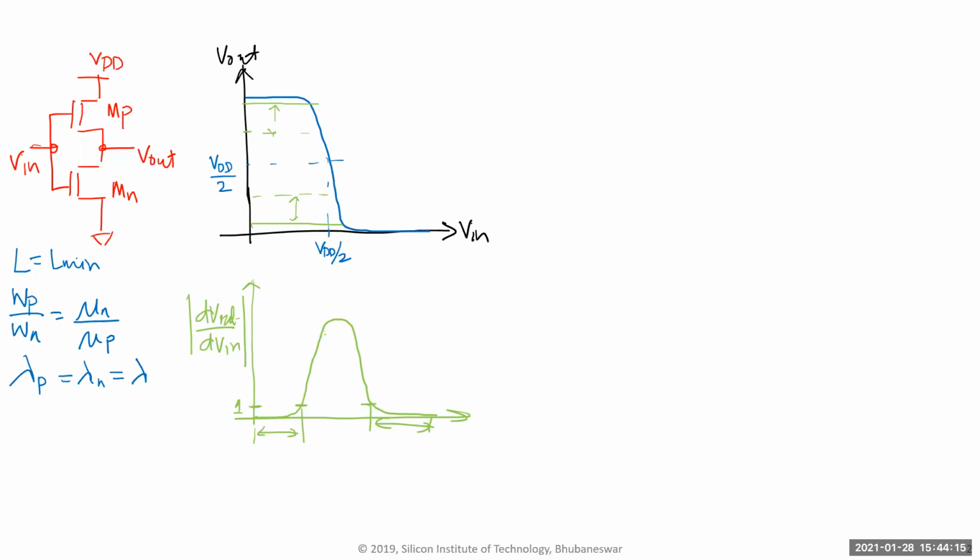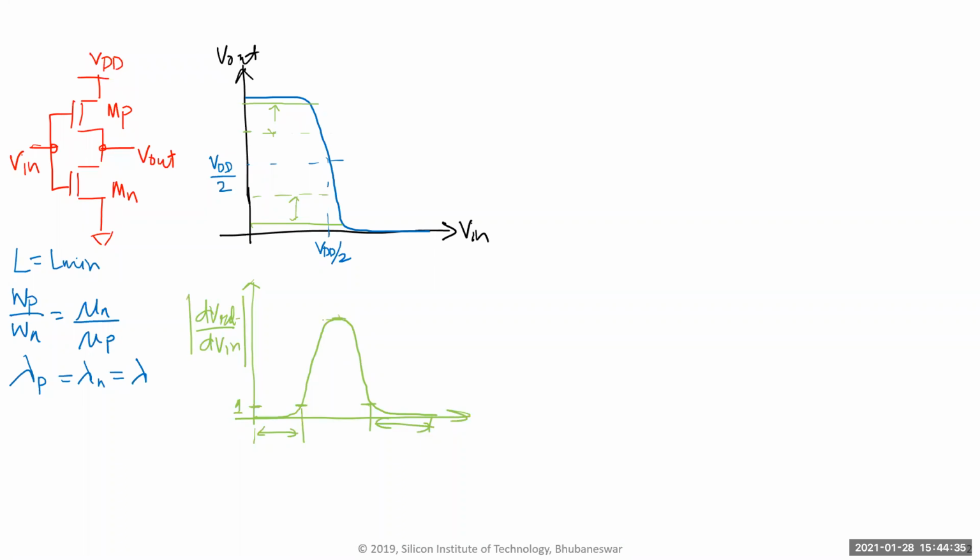Okay. So if I want to use it as an amplifier, where should I use it? From this curve, where do you think I should use it? I mean, which position in V in? If I want to bias it at a certain point in this curve, which is the ideal point? What's that? Here, right?